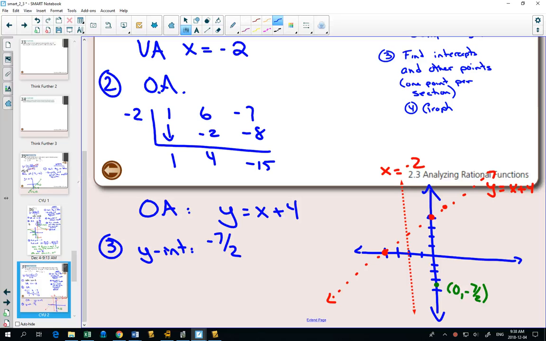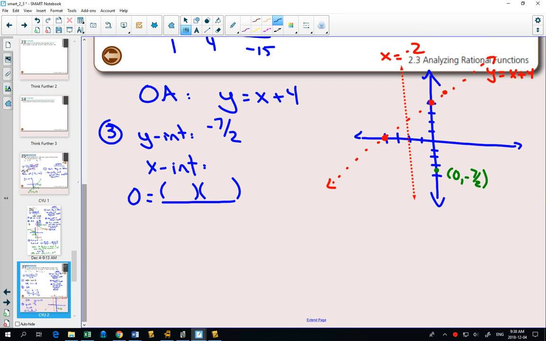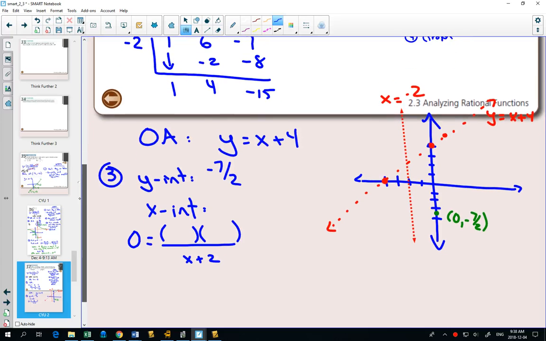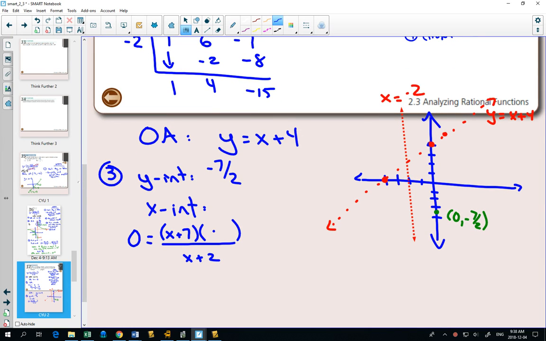X-intercepts. Remember the special note we wrote last time, that a fraction is only equal to 0 when your numerator is equal to 0. So when I'm solving for my x-intercept and I'm plugging in 0 for y, I'm going to rewrite my equation with the factored form. So we had x plus 2 on the bottom, and we factored it to be x plus 7 and x minus 1.